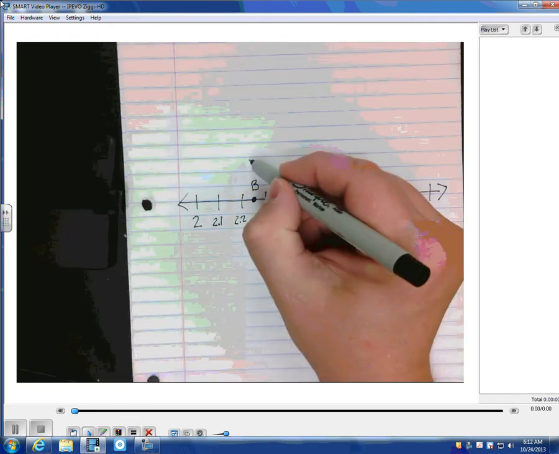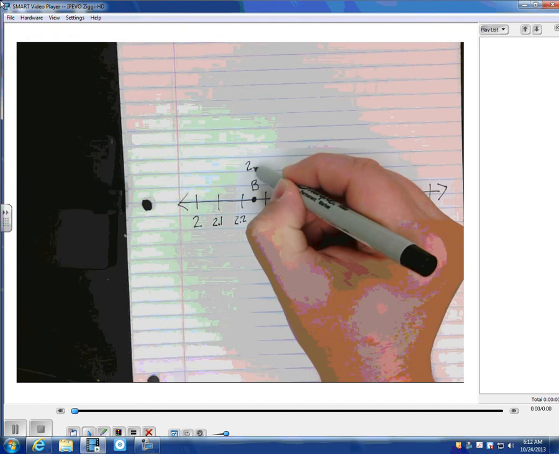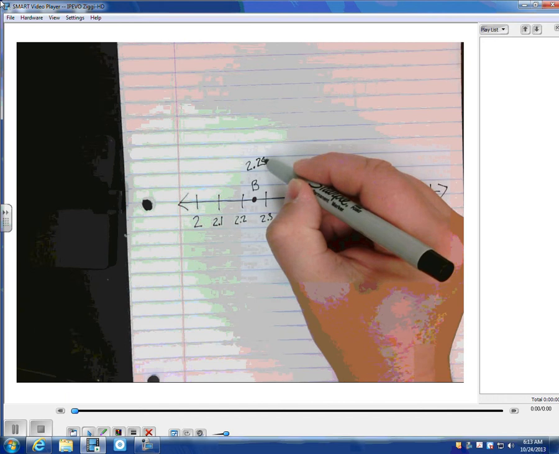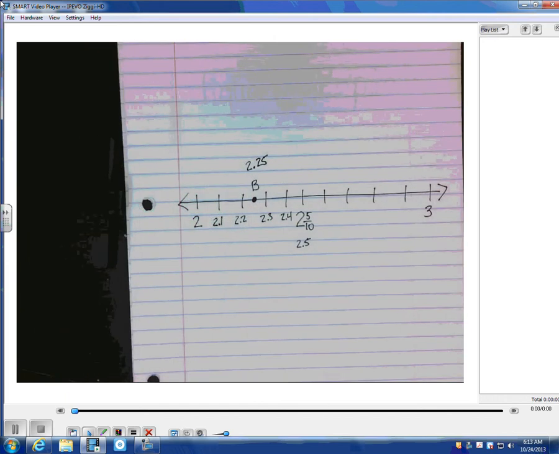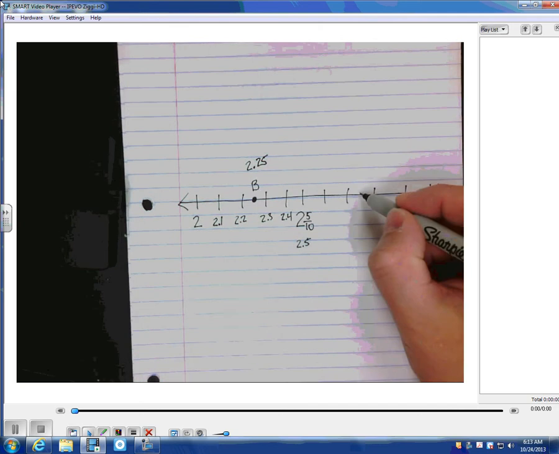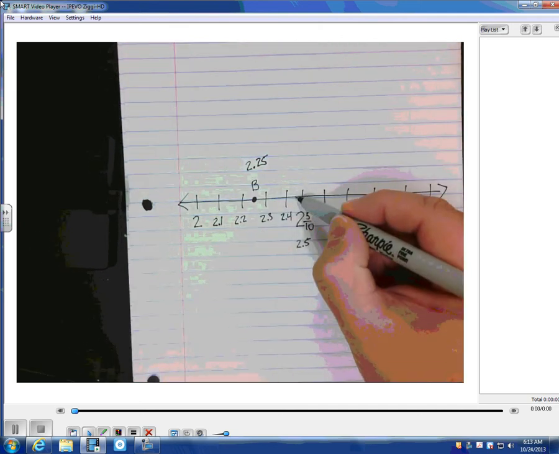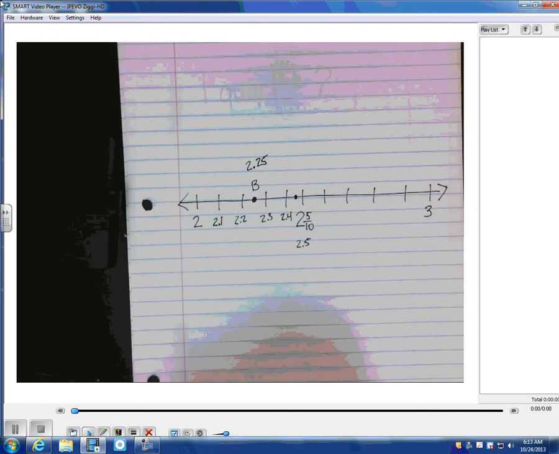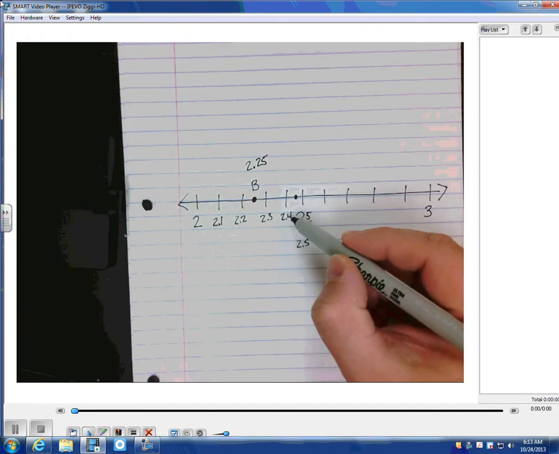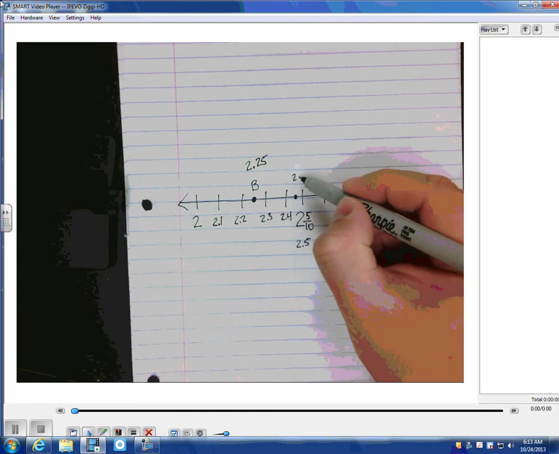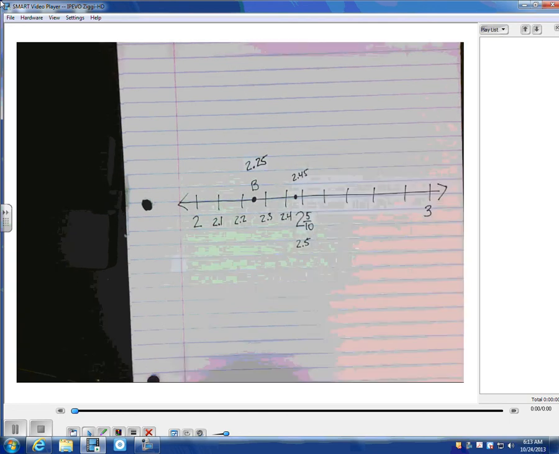So this would be 2 and 25 hundredths. Okay. If I would have had it here, just as another example, it's between 2 and 4/10 and 2 and 5/10, so that would be 2 and 45 hundredths.